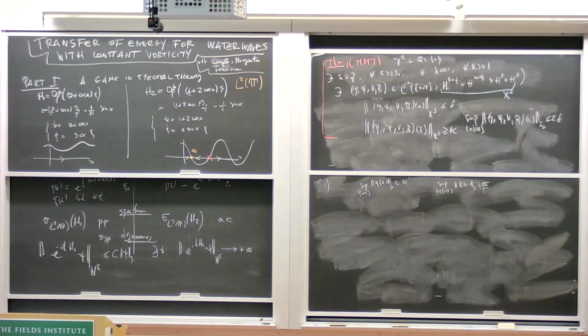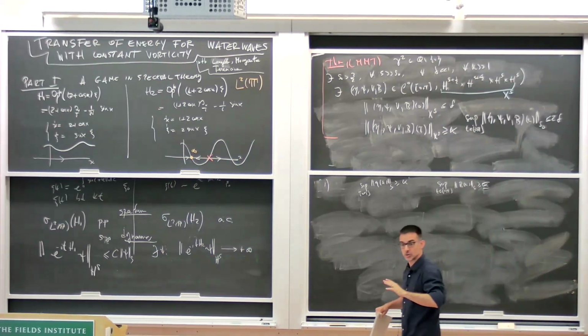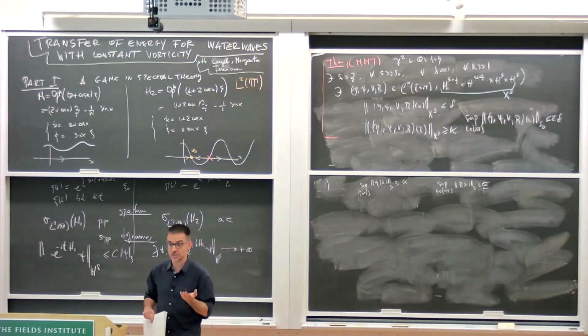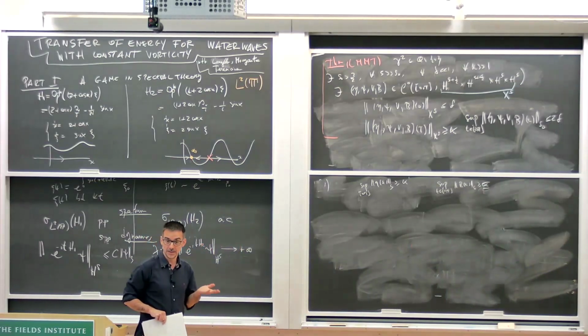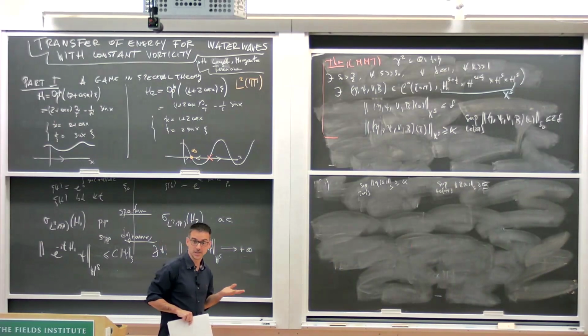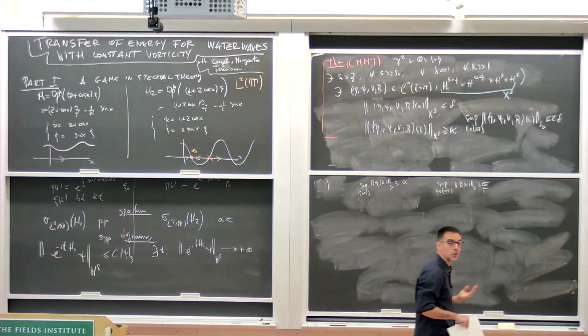So both the norm of the free surface, and the norm of the derivative of the velocity field at the free surface, has increased Sobolev norms. So the free surface oscillates, and also the vertical velocity of the water at the free surface develops more and more oscillations.